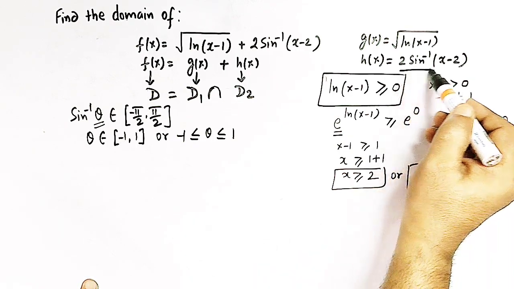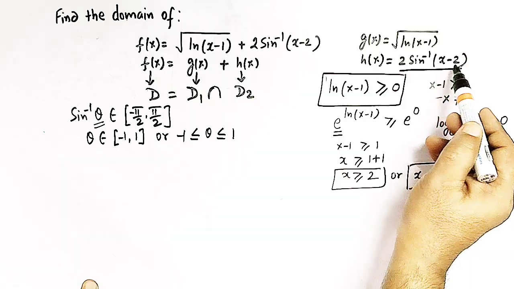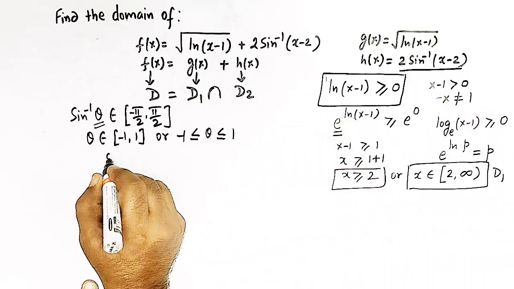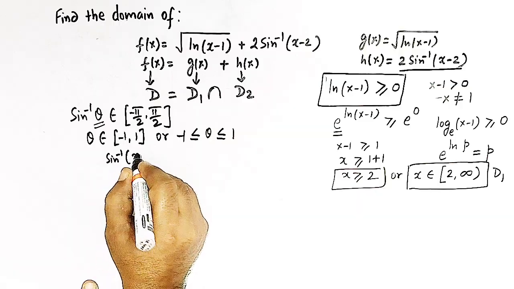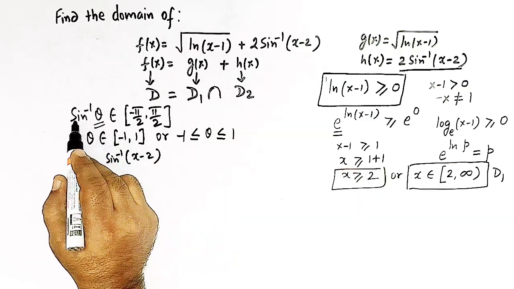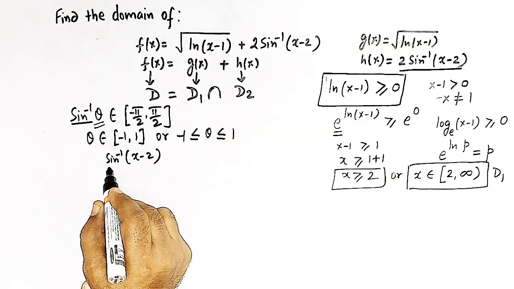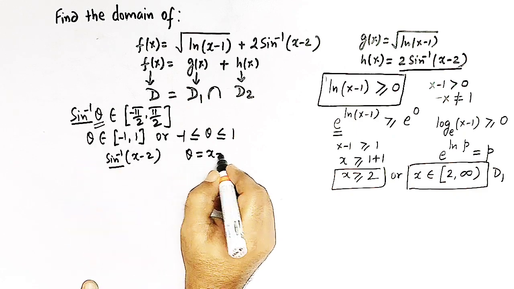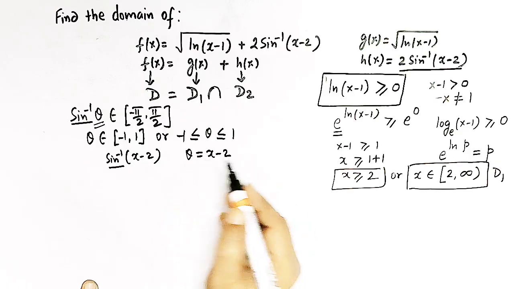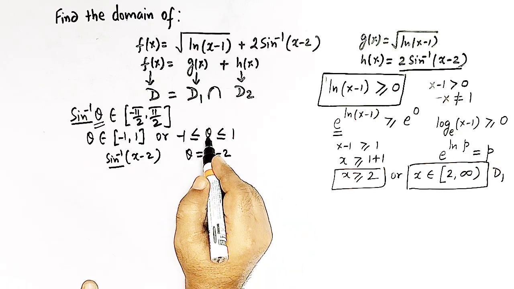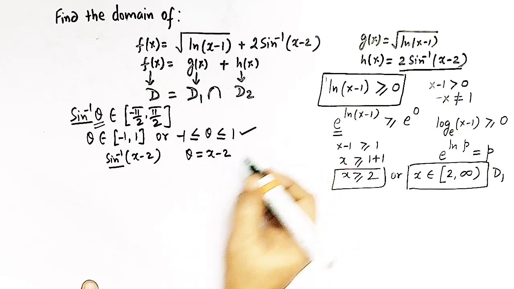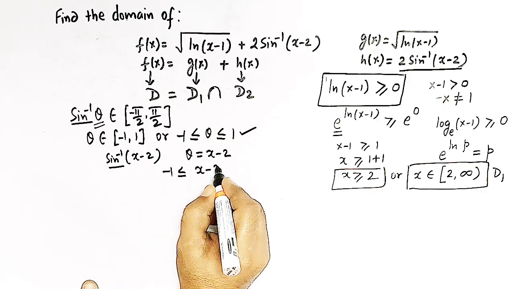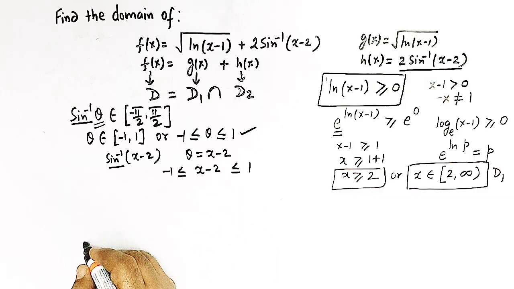So now here we have 2 times sine inverse x minus 2. So let us consider only sine inverse x minus 2. So now if we compare this expression with this one, then theta is equal to x minus 2. So let us now substitute theta is equal to x minus 2 in this inequality, right? So we have minus 1, then we have x minus 2, then we have 1, right?